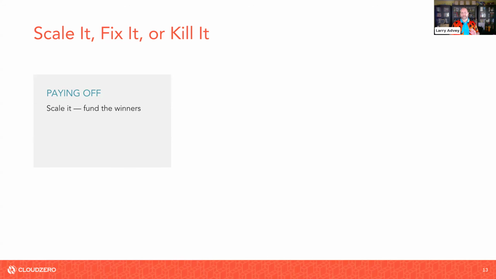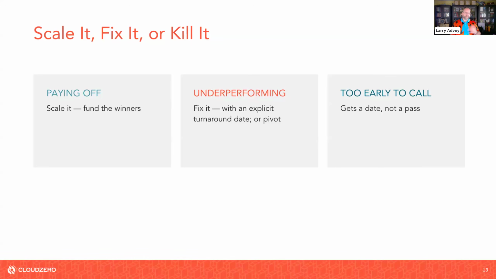Let's fund more of that. If something's underperforming, the reality is, either fix it, get a date put in place, or pivot on it, right? De-invest in it, invest in something else. Then maybe lastly, maybe it's too early to call, but at least you have the information to drive a decision.